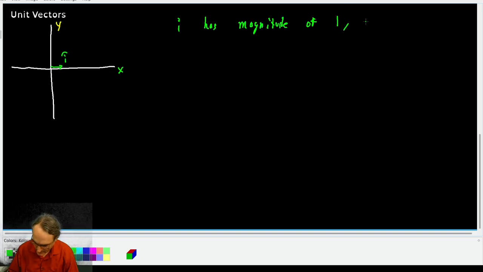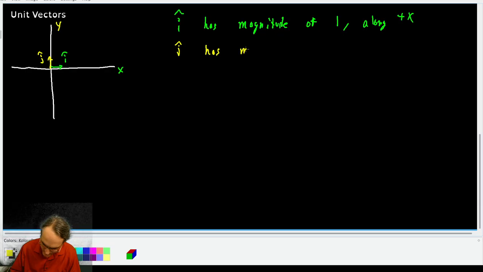So i hat has a magnitude of 1, and it is along the positive x direction. And the j hat vector, because it is a unit vector, has a length or magnitude of 1, and it is along the positive y direction.